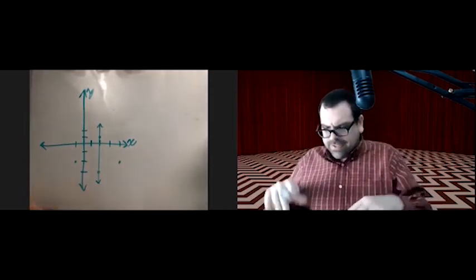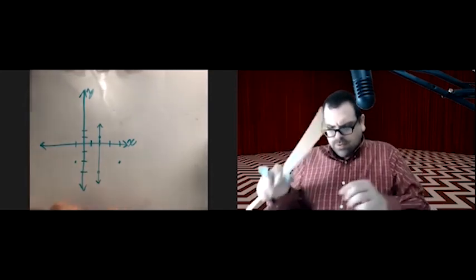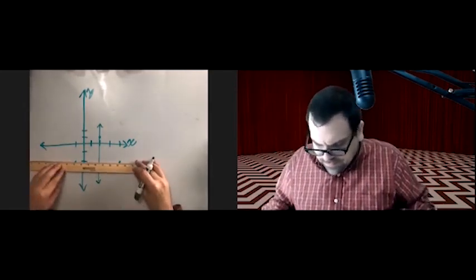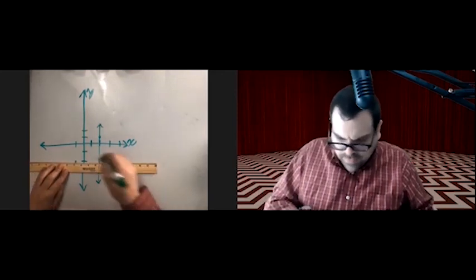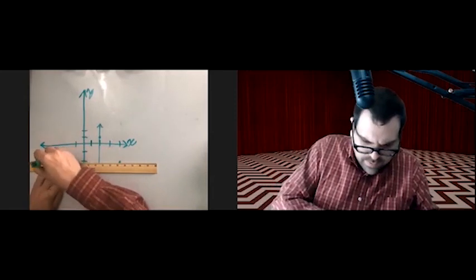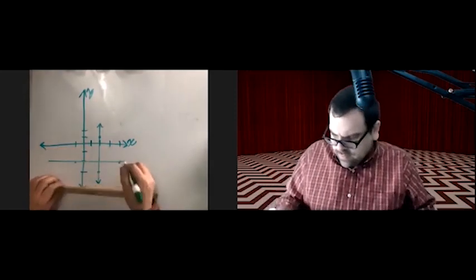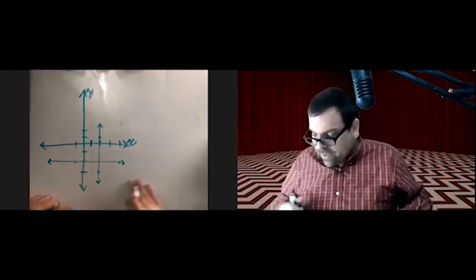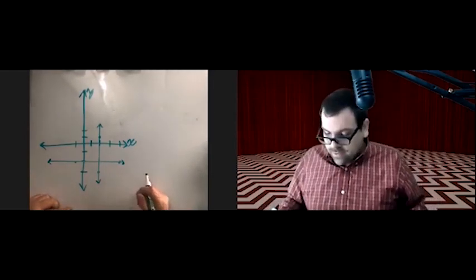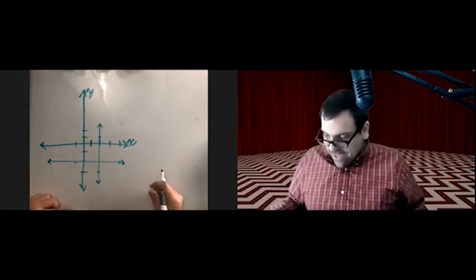Here are 2 points which make up a horizontal line.